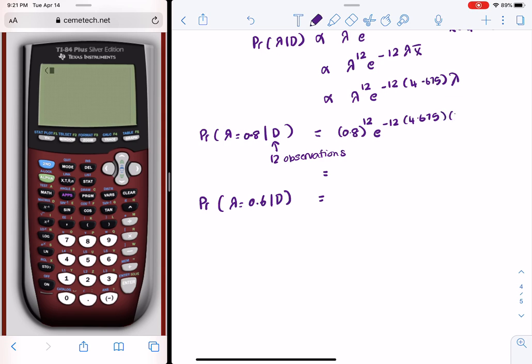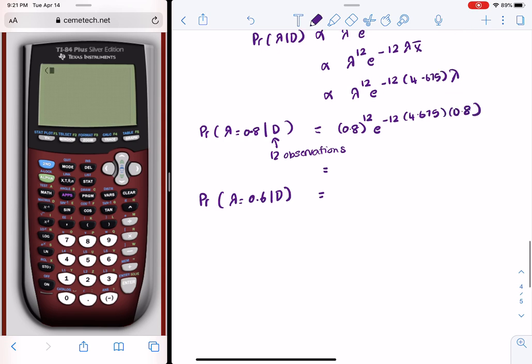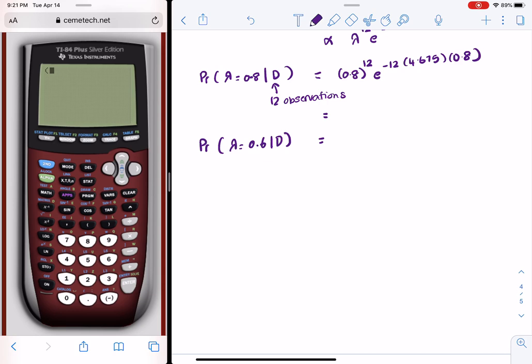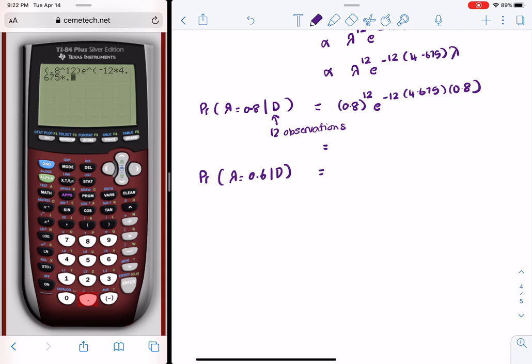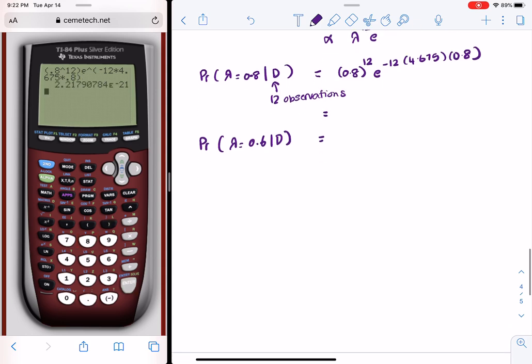I was questioning myself because that 0 seemed quite weird to me. So 0.8 raised 12 times e raised negative 12 times 4.675 multiplied by lambda, which is 0.8. And that gives us 2.217 times 10 raised negative 21.